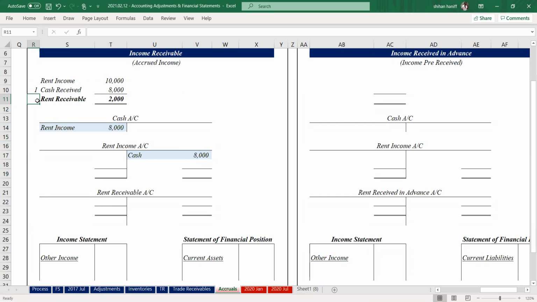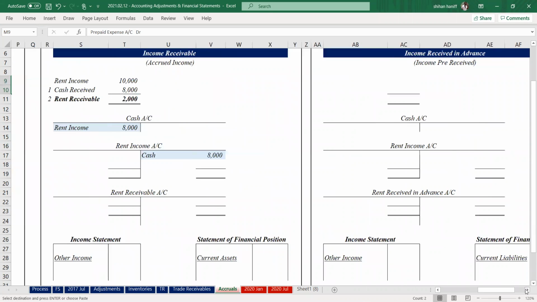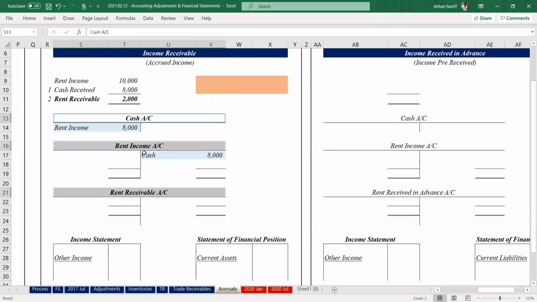Now our double entry is the rent receivable. So let me take this format. Receivable 2,000. So receivable is an asset.